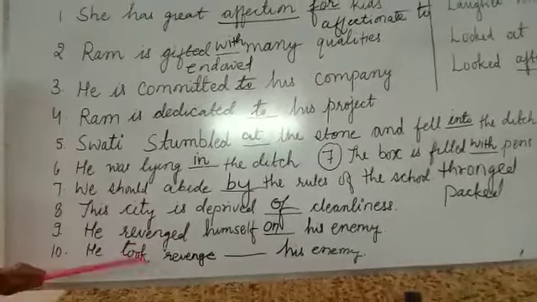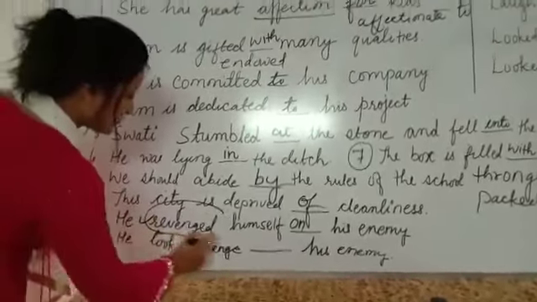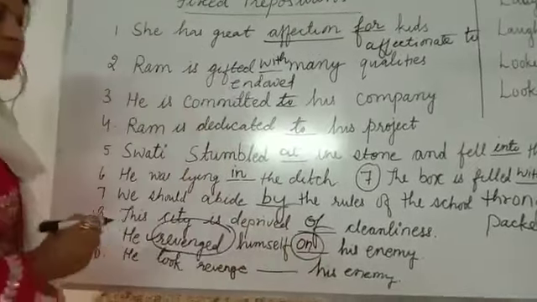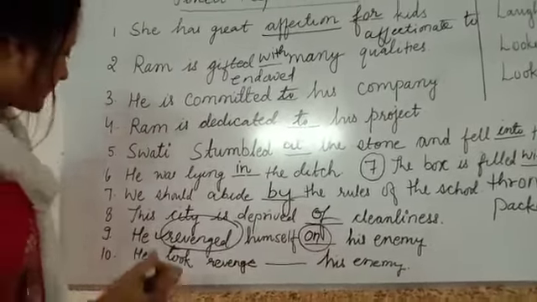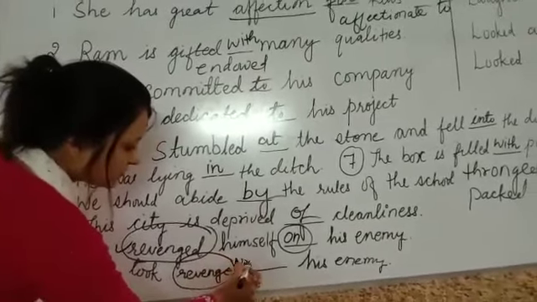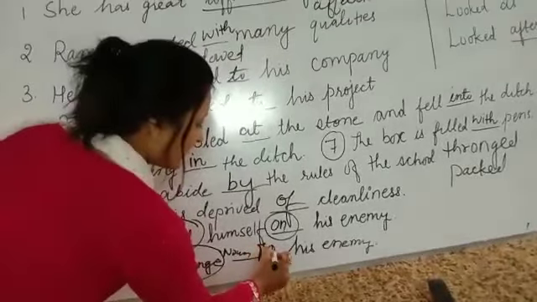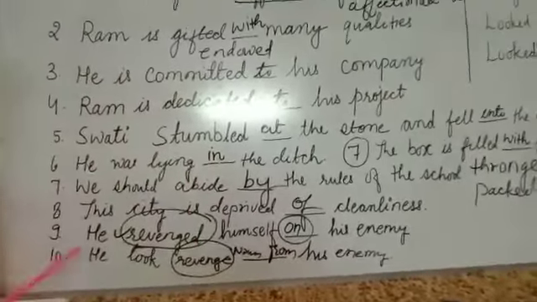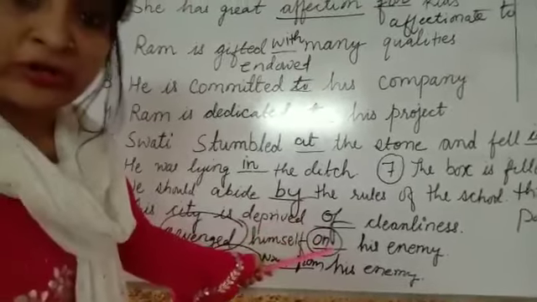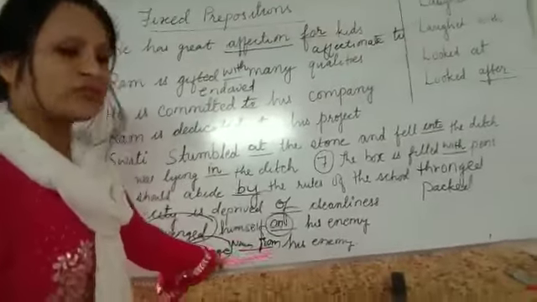When this word is used as a verb, then the preposition on will come. When it is used as a noun, then the preposition from will come. This is the difference.